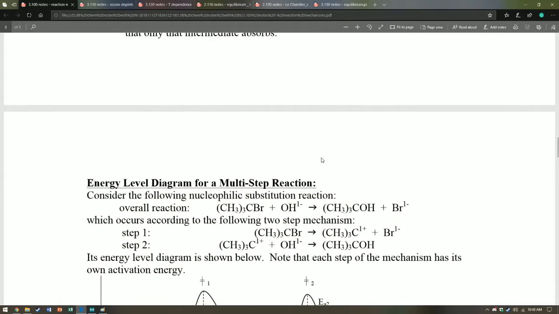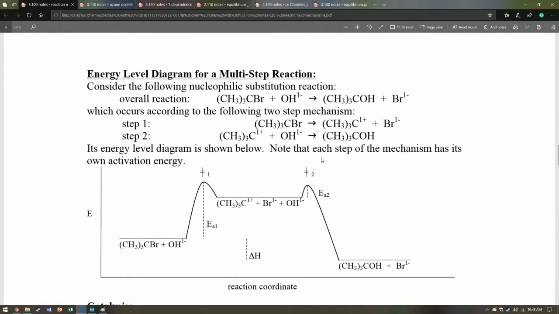And consider a multi-step reaction here and its energy level diagram. So here we have activated complex 1. Here's the activation energy. This is delta H. So step 1, which is the slow step in this particular reaction, because this is nucleophilic substitution.